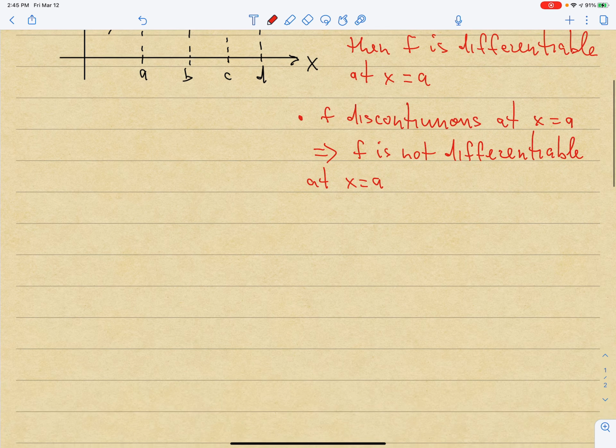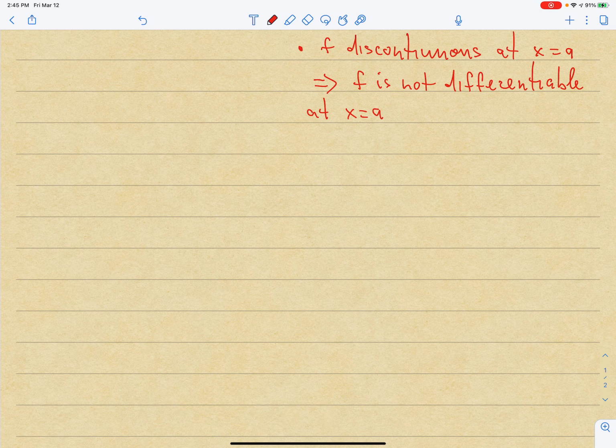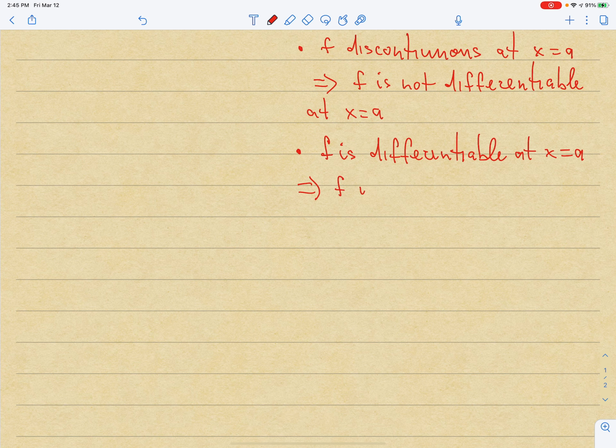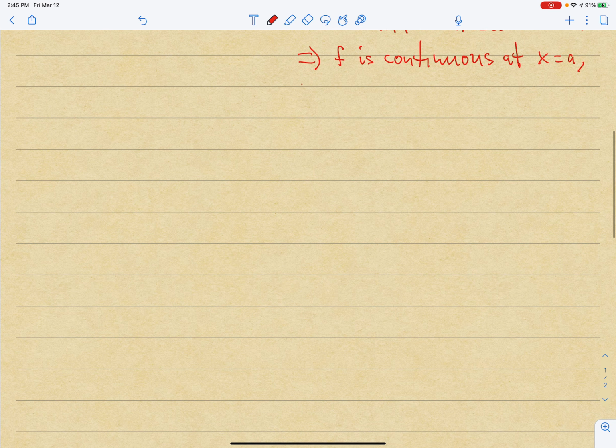So that's another fact that I would want to list here. F is differentiable at x equal to a should imply that f is continuous at x equal to a, but not vice versa.